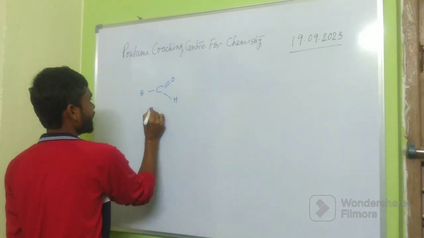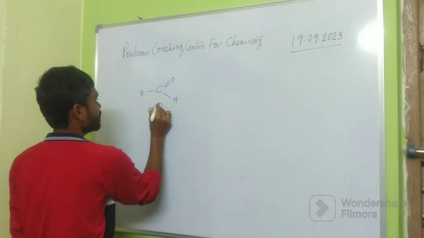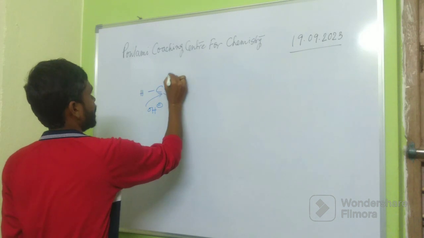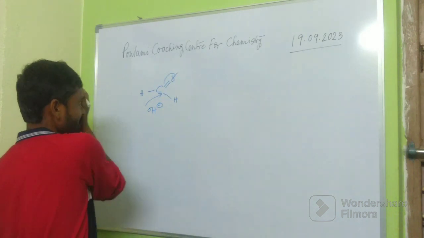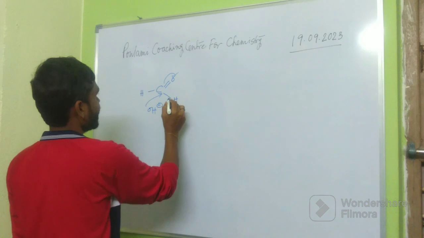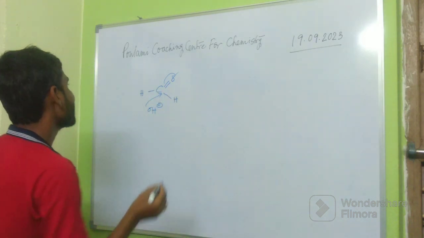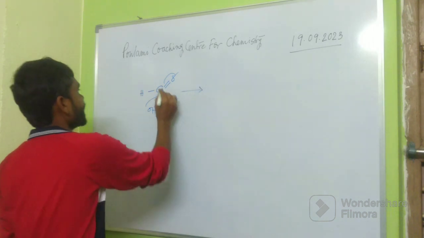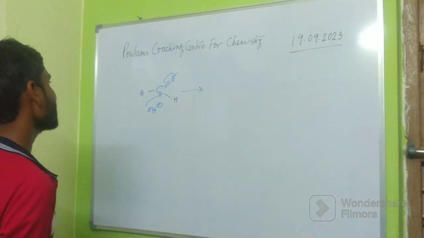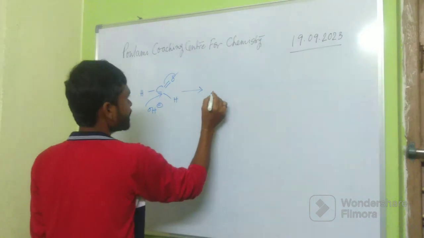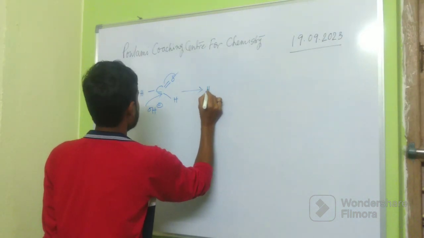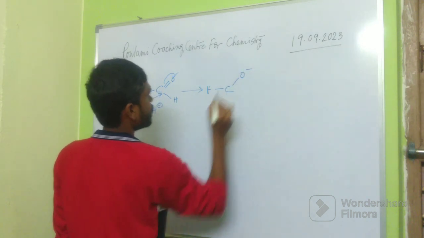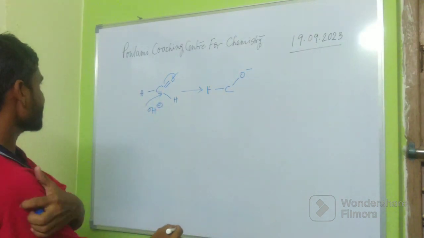Here is the nucleophilic attack of the hydroxyl ion on the carbonyl carbon atom. The pi bond goes towards oxygen, and it will convert to the oxide ion, O minus.